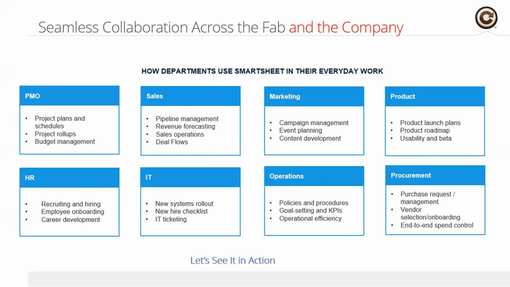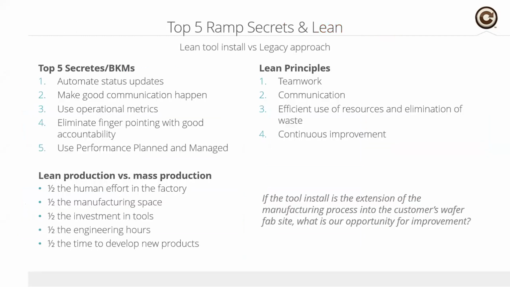So again, you saw a small representative sample of using this in action. Great for field operations, but great for a lot of other things, as you can see in this slide. And one of the things that Kirby really hit home there at the end is what we're using Smartsheet and Power BI for in this case is really to apply these lean principles, right?